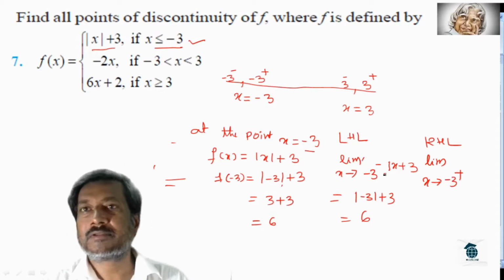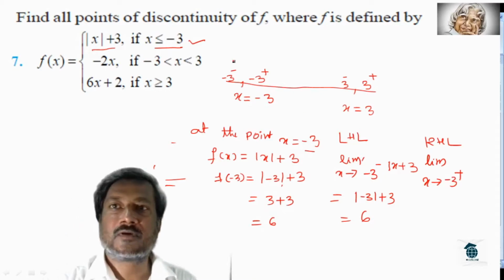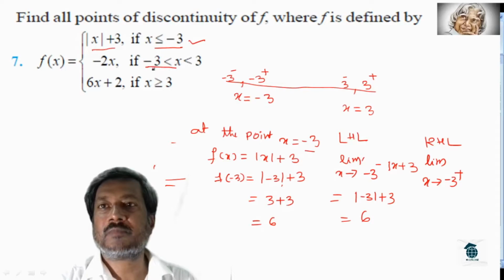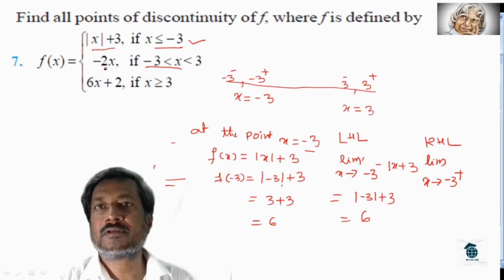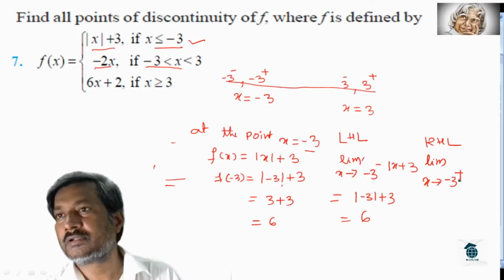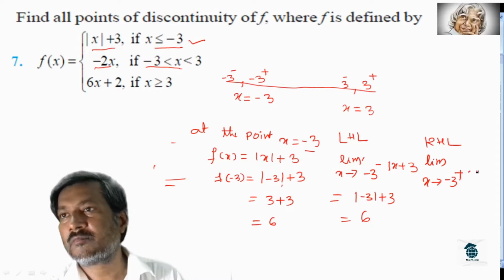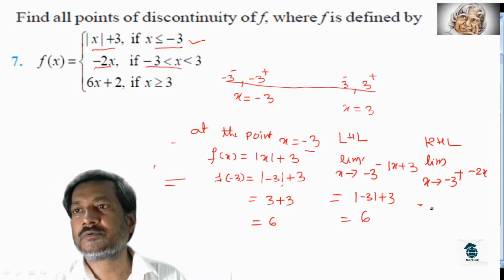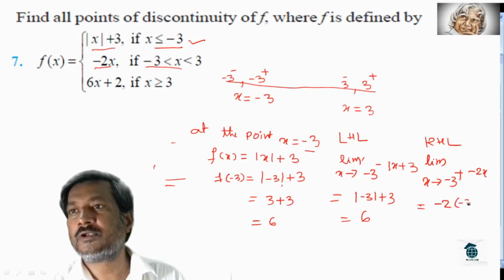Observe here, for x greater than minus 3 the function is minus 2x. Therefore substitute: minus 2 into minus 3 equals plus 6.